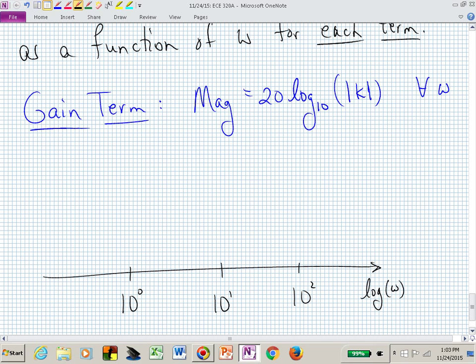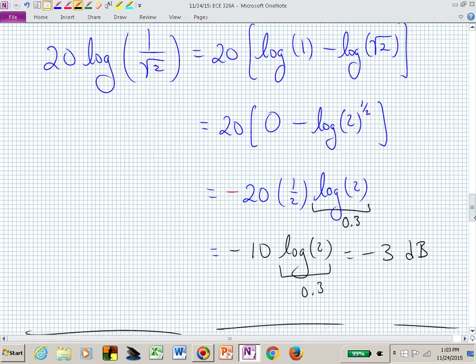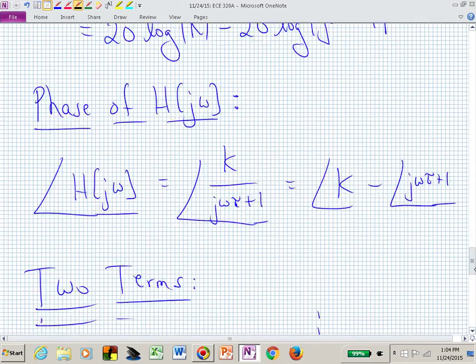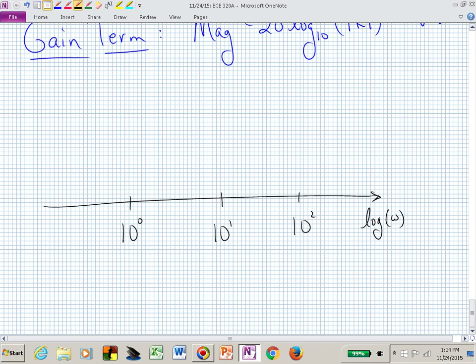Where is 2 on this plot? If somebody keys in log base 10 of 2, what are they going to get? 0.3. So that means that 2 is 30% of the distance between 1 and 10. If this is 30%, that would be 2. What's the log of 5? Somebody help me out.